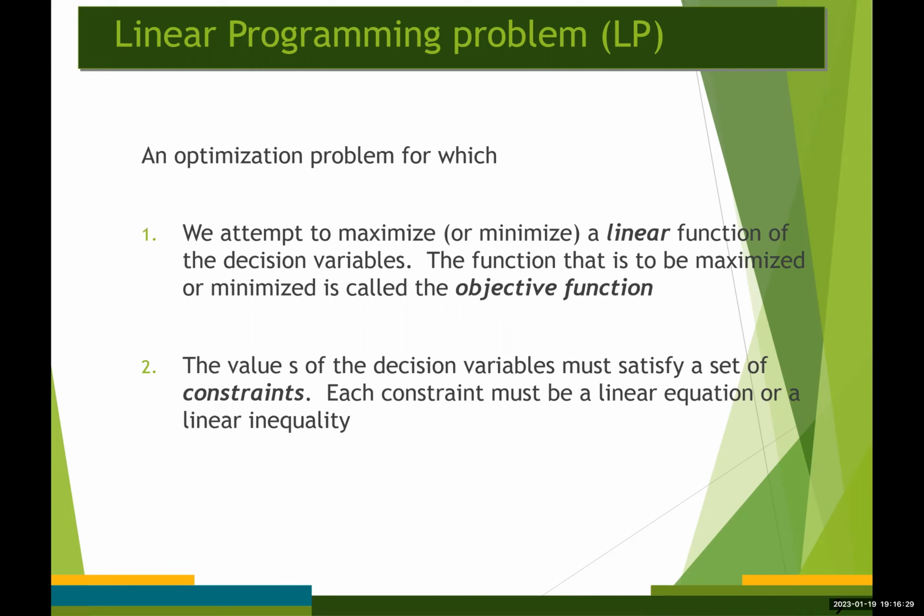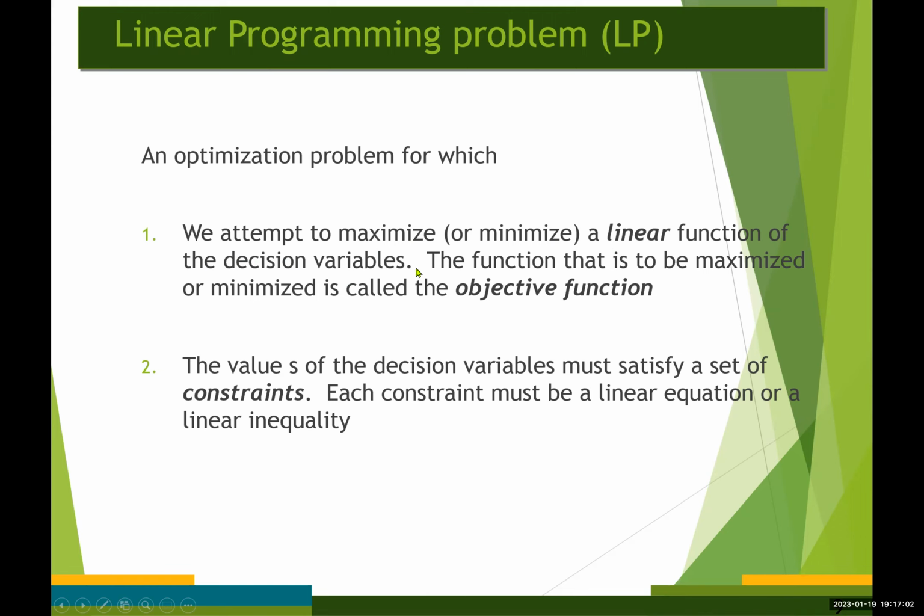And formally, the linear programming model or linear program can be defined like this. So the linear programming problem is an optimization problem for which we do the following, okay? First, we attempt to maximize or minimize a linear function of the decision variables.